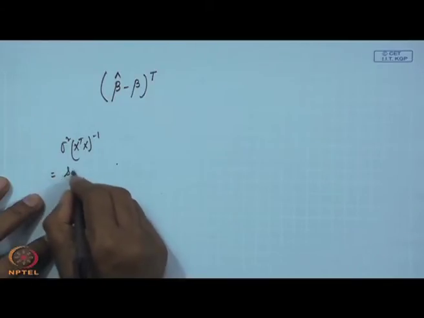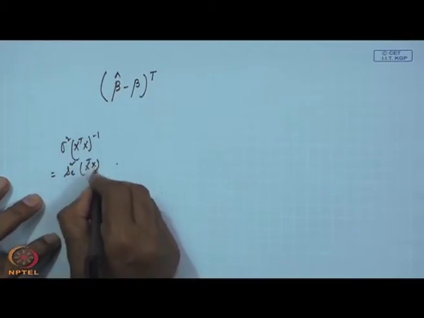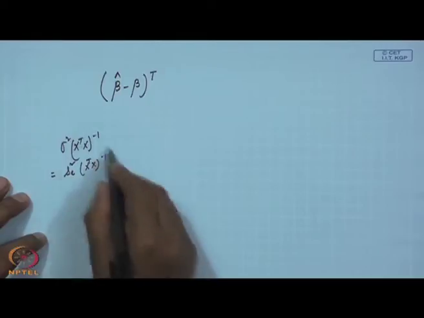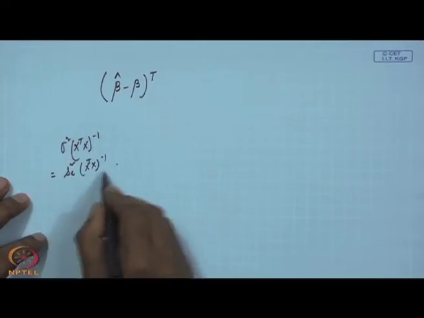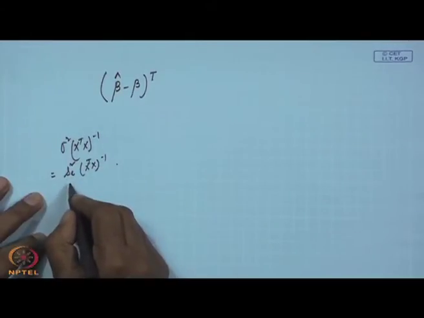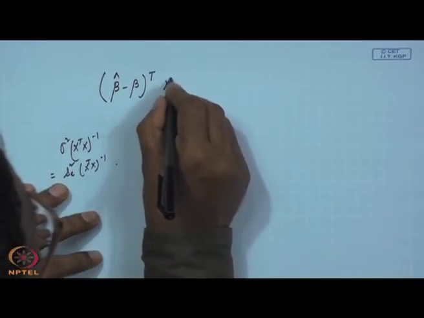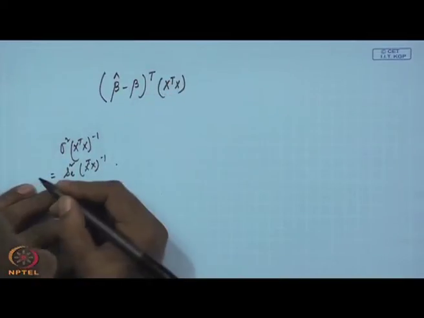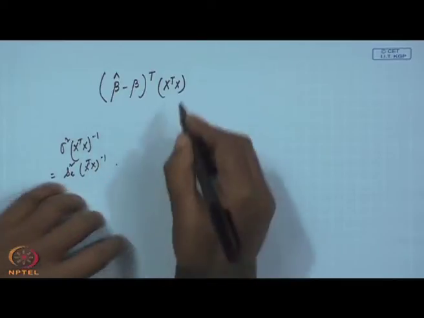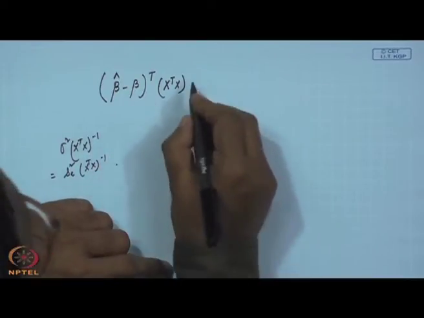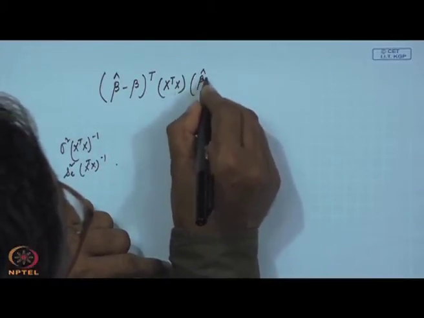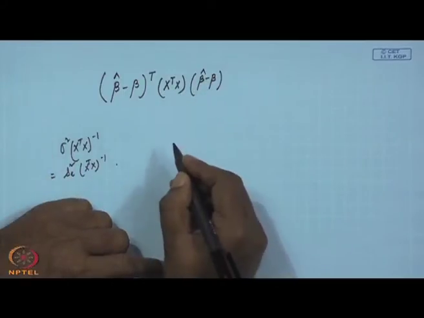What do we want? The inverse of this, that means X transpose X by sigma square. So, I write X transpose X, and I am not writing S square here, later on we will write S square, then beta cap minus beta.